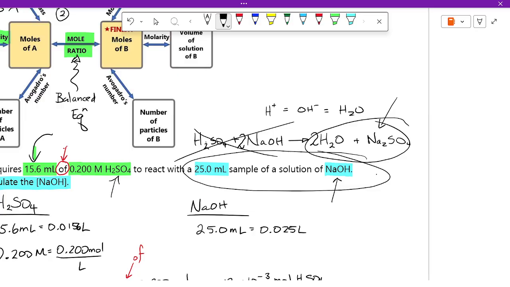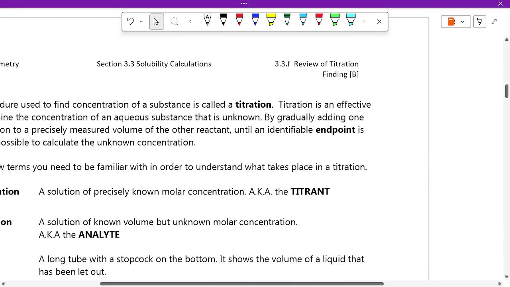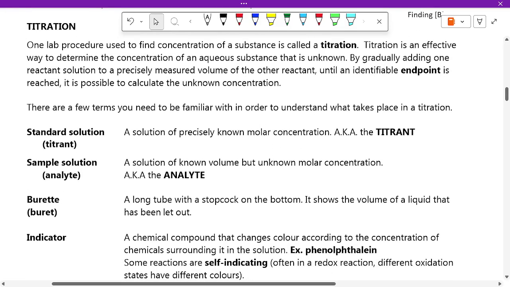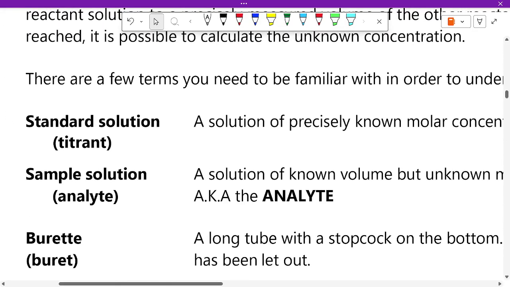What we're going to do is have a standard solution. The word standard means known. What is known about it?